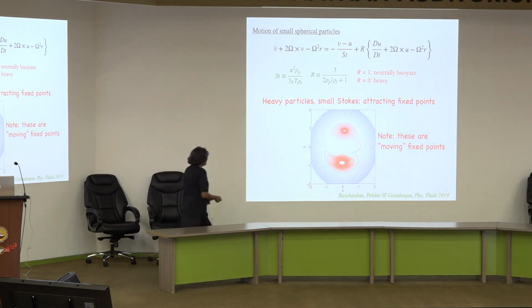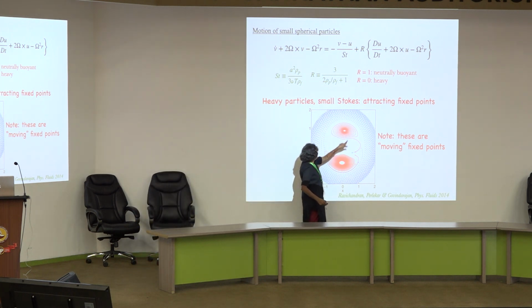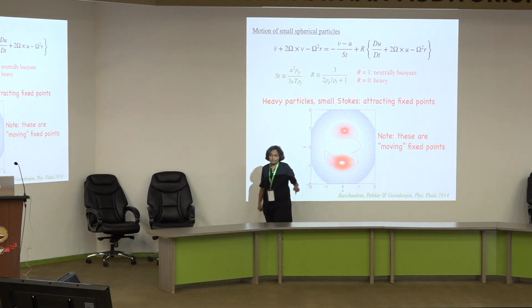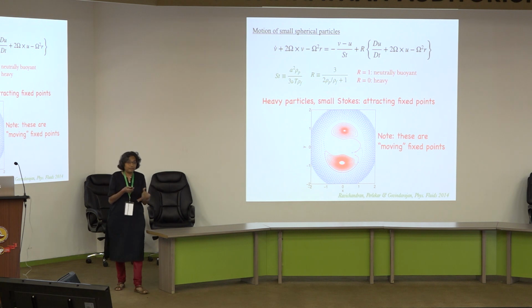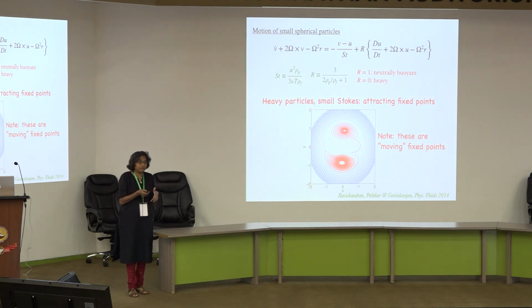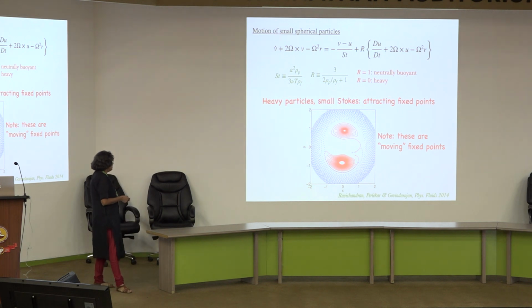Anybody starting anywhere here in this red region is going to go in and cluster there. That means a lot of droplets are going to come very close to each other, and there's going to be lots and lots of collisions and coalescence. Interesting things are going to happen here.